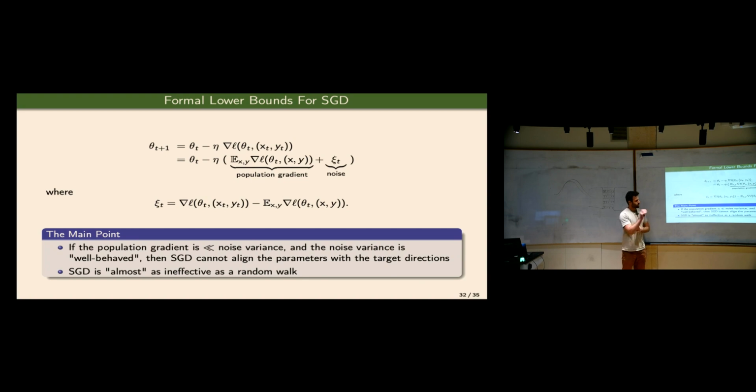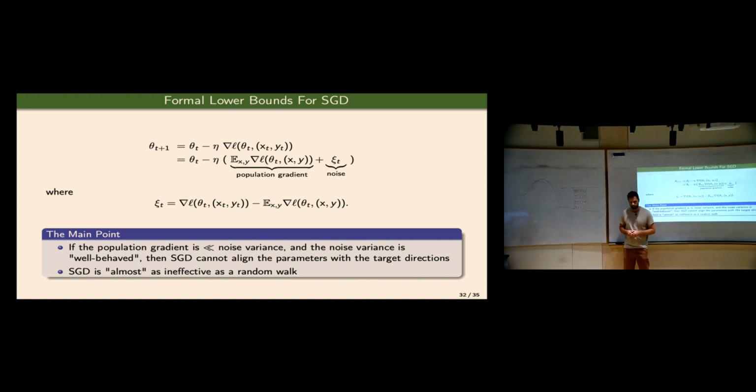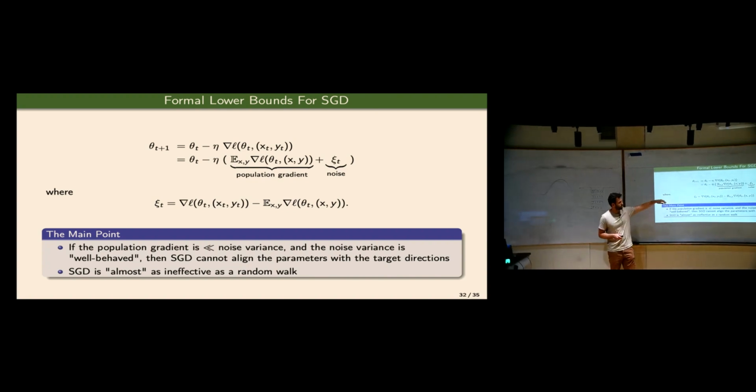Then you really can't align the parameters with the important directions that you need them to be aligned with in parameter space. And effectively, SGD is going to be almost as ineffective as a random walk, where the "almost" just depends on how big the population gradient is. If the population gradient was 0, it would be as ineffective as a random walk.